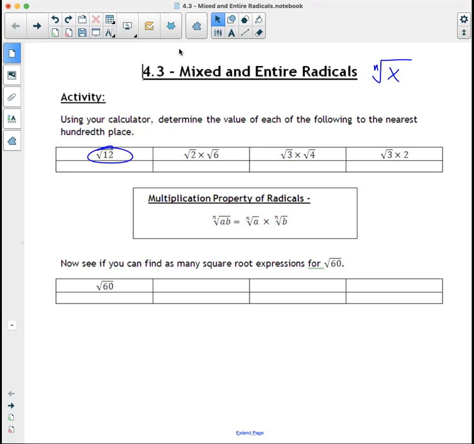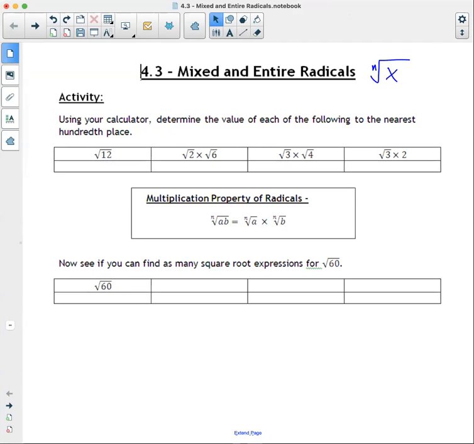Root 12 can also be written as root 2 multiplied by root 6, or root 3 times root 4, or root 3 times 2, if we simplify that root 4, which just becomes 2.